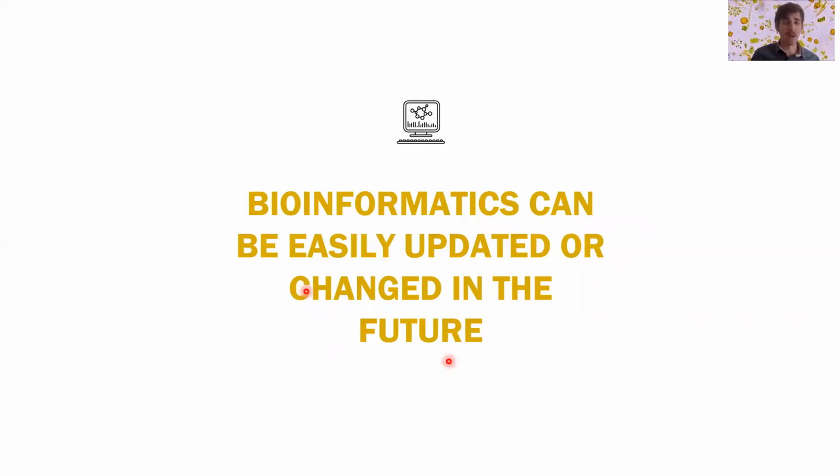One thing to bear in mind is that bioinformatics can be easily updated or changed in the future. We can always go back, and let's say 3 years from now, we were all using a certain quality threshold for filtering out bad reads.